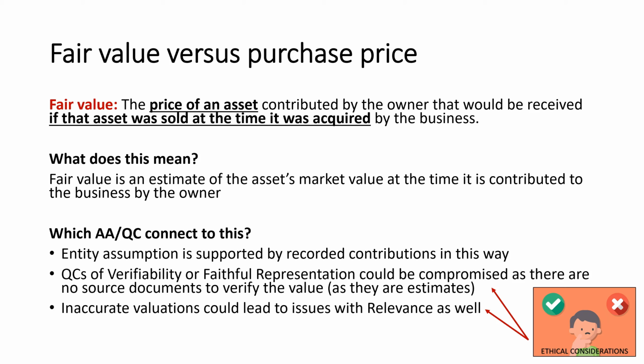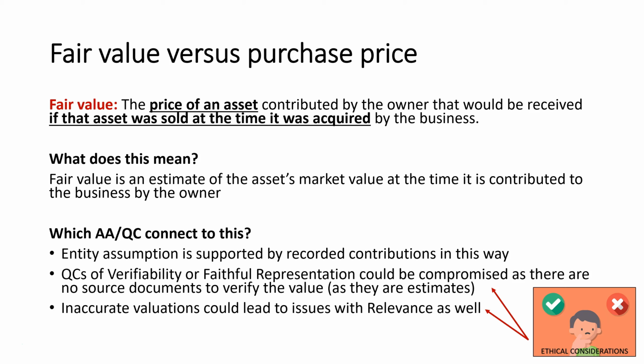So fair value is the price of an asset at the time it was contributed to the business. So the way we think about it is how much would we be able to sell this asset for at the time the business acquires or gets that asset.